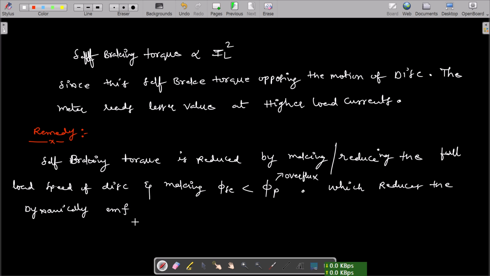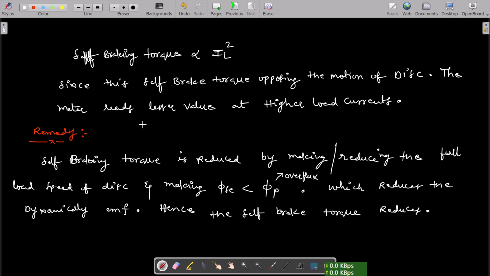If the EMF reduces, then the motional current will reduce. If the motional current is reduced, then the self braking torque will also reduce. That is what it is saying. Okay, hence the self braking torque reduces.